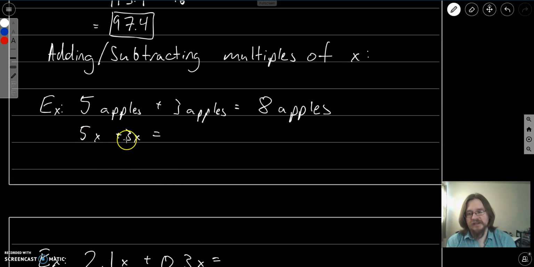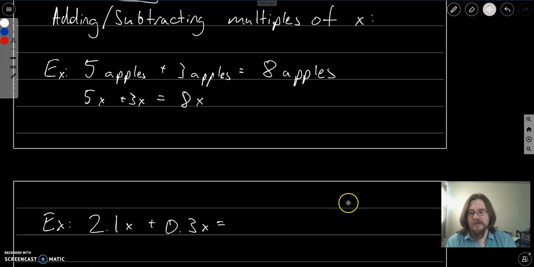If I have 5 times x plus 3 times x, one way to think of this is I have 5 x's and I have 3 more x's. So ultimately, I'm going to have 8 x's. So when we have multiples of x's, so I have 5 x's and another 3 x's, I can add those together to get 8 x's.